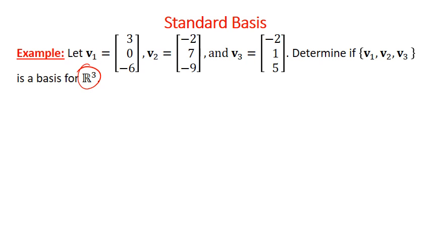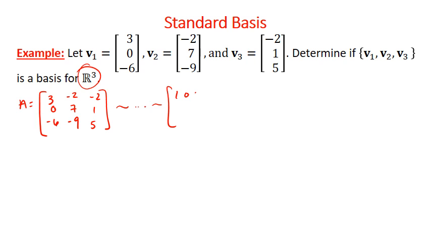So what we want to do is create a matrix A from these given vectors, which is this. And if we row reduce this, so, we take our time, figure out the row reduction, we end up with this matrix here.